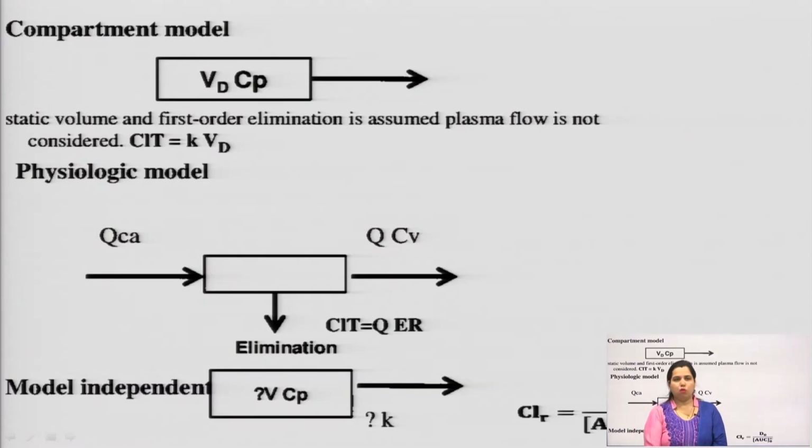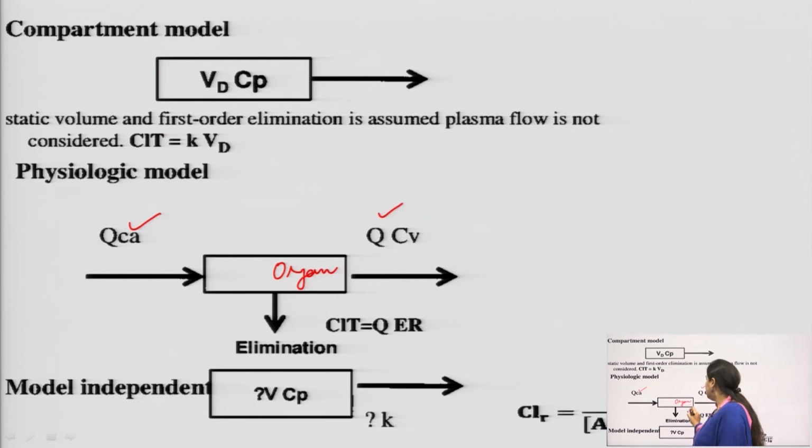In the compartment model you just assume VD and Cp, the volume of distribution and concentration in plasma. Static volume and first order kinetics are assumed, and plasma flow is not assumed. So CLT is equal to K·VD. In the physiological model, Q·Ca is the blood flow and the concentration coming into the organ and eliminating out, so the equation will be CLT = Q·ER.